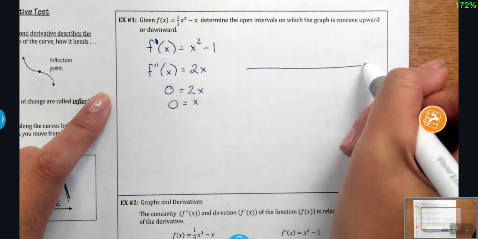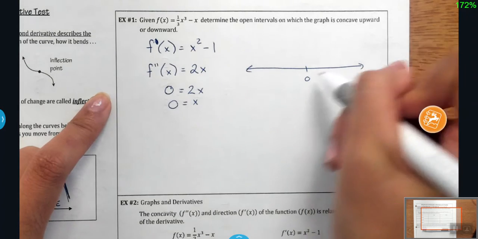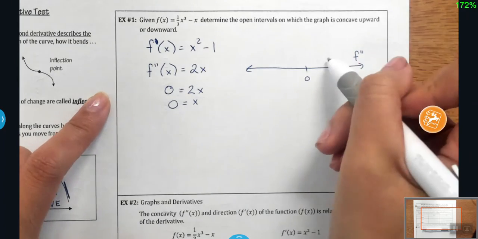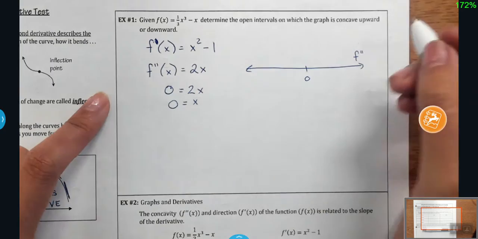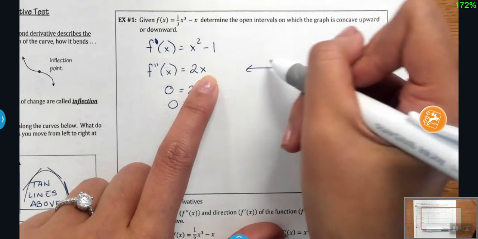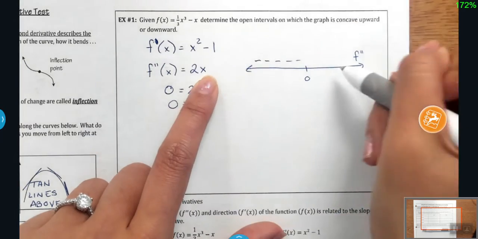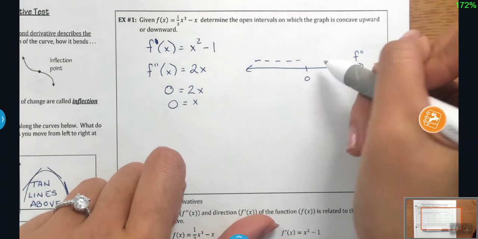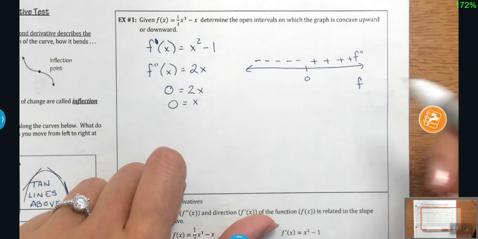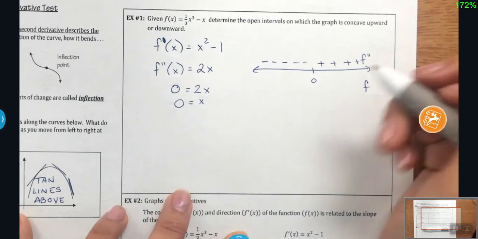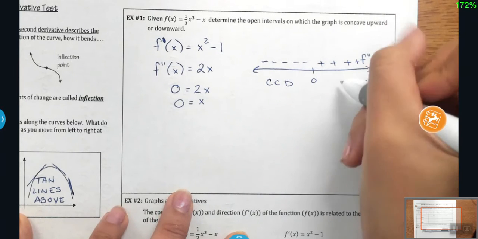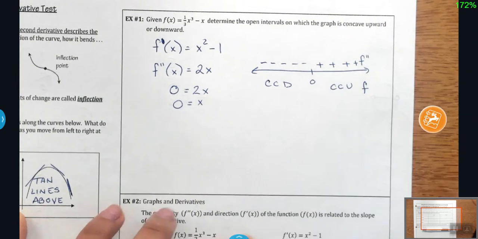If I do a number line, then I'll put 0 on it, and I'll put f double prime here so that I know I'm plugging all of these into my second derivative. So if I plug in -1, then this is negative, and if I plug in 1, then this is positive. So what does that say that f is doing? And f on the right side of 0 is concave up.